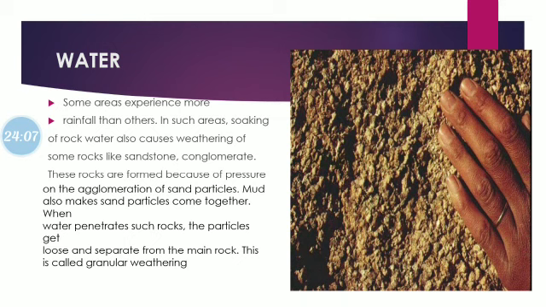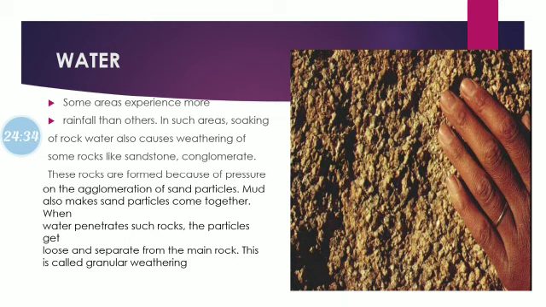These rocks are formed because of pressure on the agglomeration of sand particles. Mud also makes sand particles come together. When water penetrates such rocks, the particles get loose and separate from the main rock. This is called granular weathering.